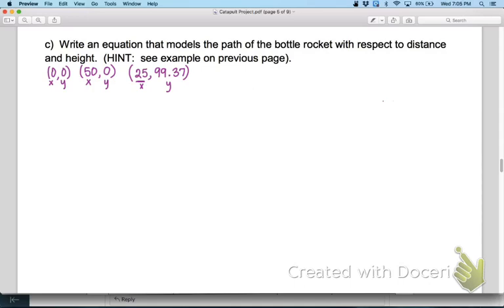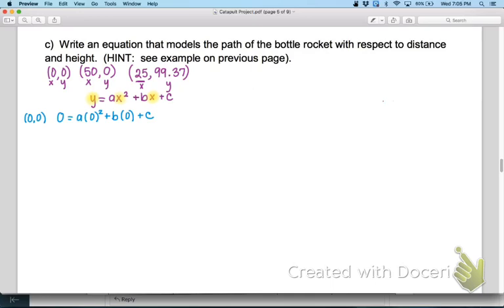All right, so we need to substitute that into 3 different equations using the standard form y equals ax squared plus bx plus c. We are going to substitute in our x's and y's into this 3 separate times. Okay, so when we are at 0, 0, the equation is going to be 0 equals a times 0 squared plus b times 0 plus c.